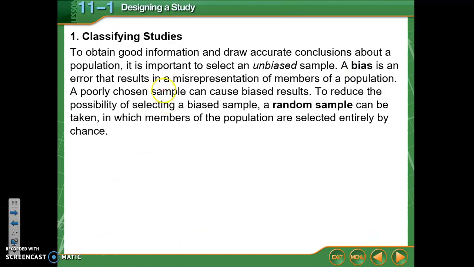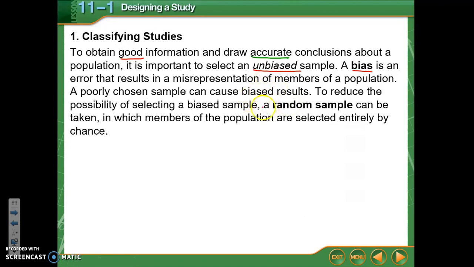If I want to have good information, which hopefully is the goal of your statistical study, and I want my conclusions to be accurate, which again is hopefully the goal of your statistical study, it's important that your sample is unbiased. When I say bias, I'm talking about an error that comes when I'm misrepresenting a population by choosing a sample poorly.